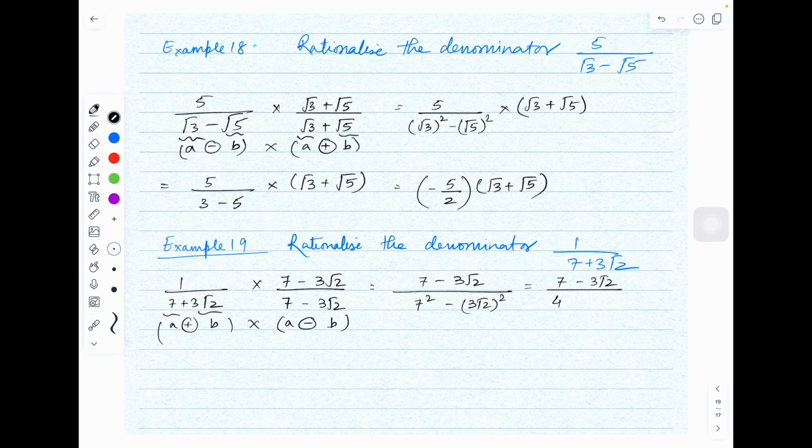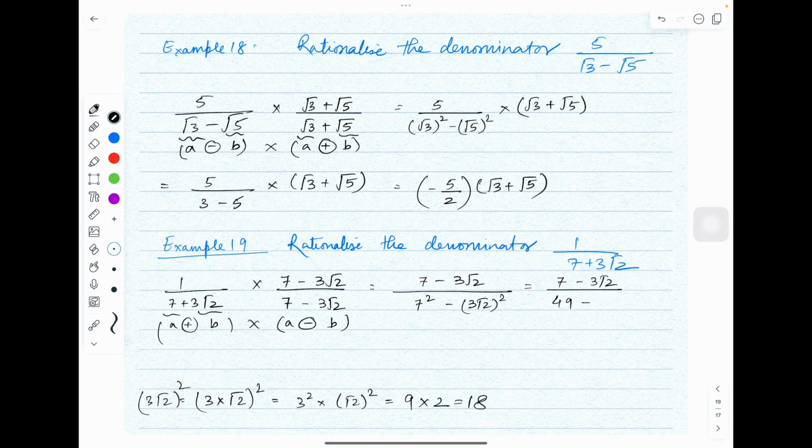7 square is 49. 3 root 2 is 3 into root 2, so 3 root 2 square is 3 into root 2 square. You can write this as 3 square into root 2 square also. 3 square is 9, root 2 square is 2, 9 into 2 is 18.